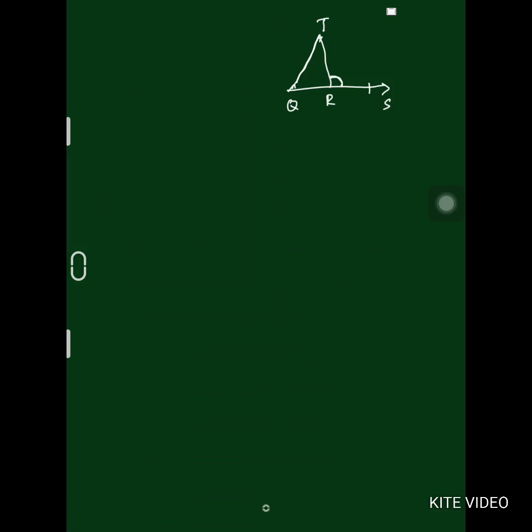So, TRS can be written as QTR plus TQR. Similarly, in triangle TQR, TRS is an exterior angle, that is equal to QTR plus TQR.